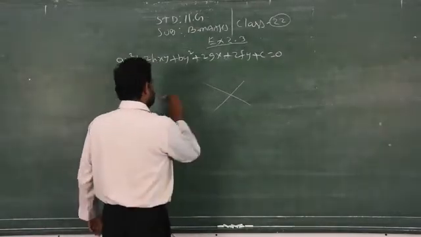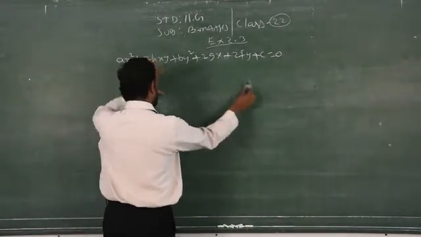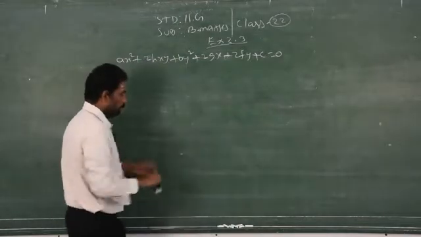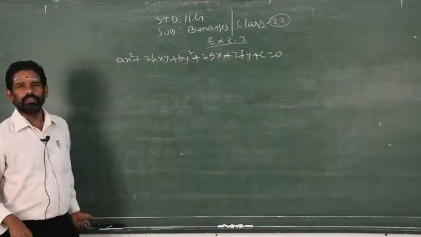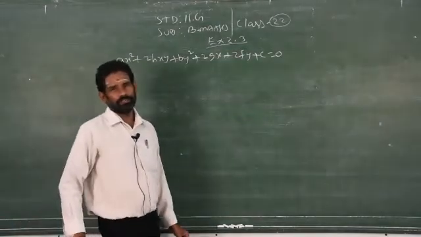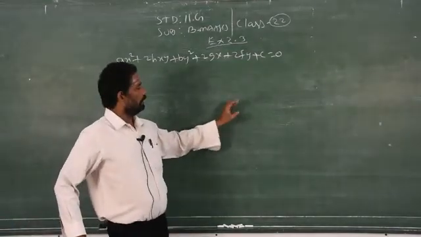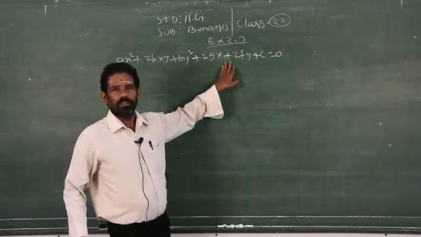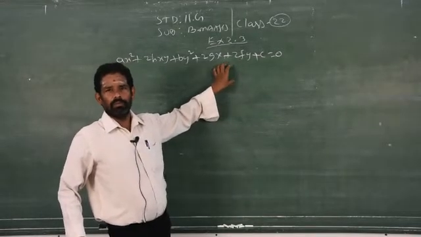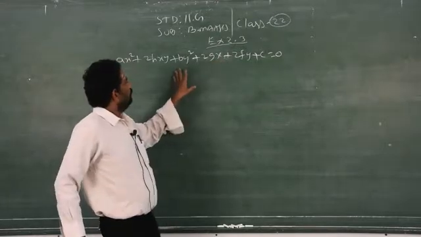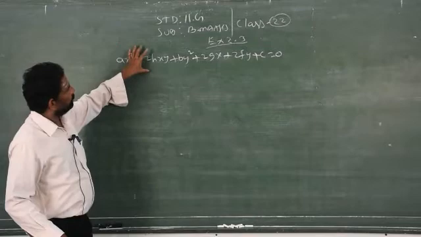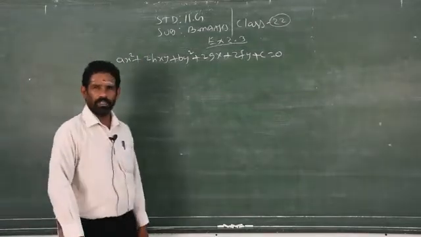Clear? So, this pair of straight lines is the combination of either two intersecting lines or two parallel lines, that you have to find out. If you know the two straight lines, then you multiply, and you will get the general form of the combined equation of the pair of straight lines. Clear?